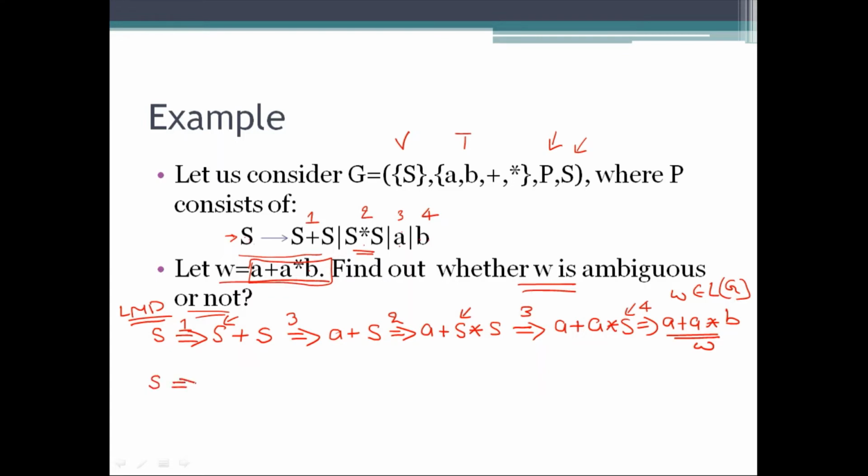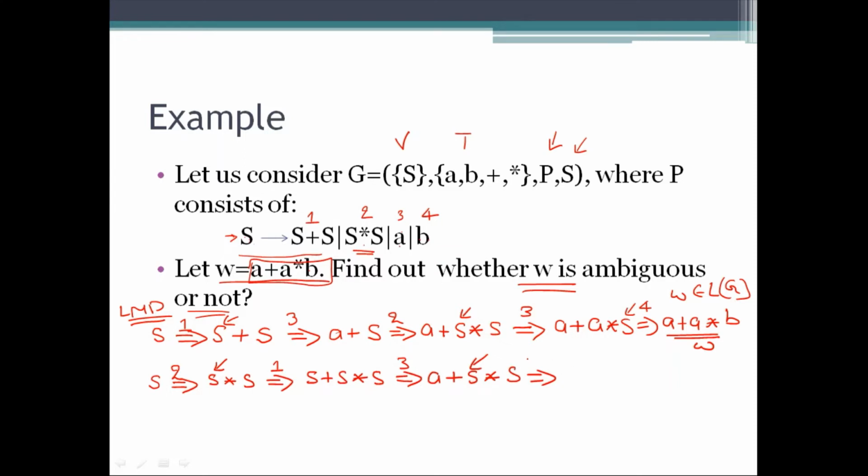Now instead of the first rule we use the second one, S is rewritten as S asterisk S. Now this is the leftmost non-terminal, so we use the first production rule to replace this S: S plus S asterisk S. Next, we use the third production rule in which S is rewritten as A, so the leftmost S is replaced by A, giving A plus S asterisk S. Two variables are there, and this is the leftmost.